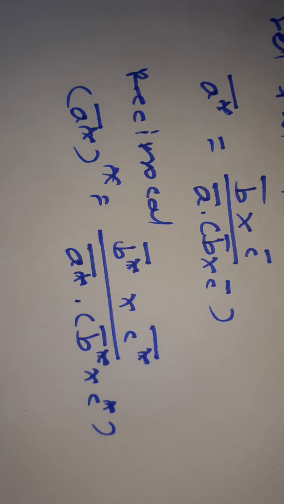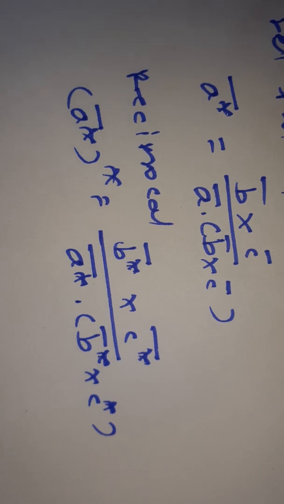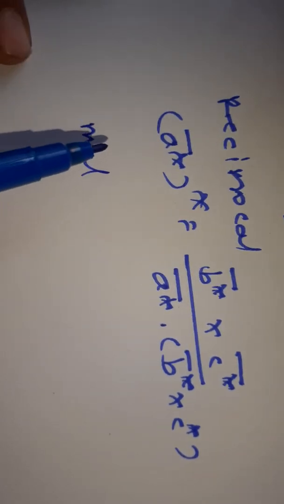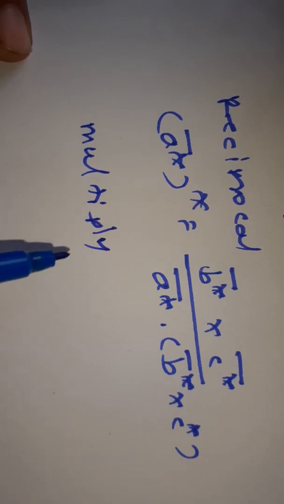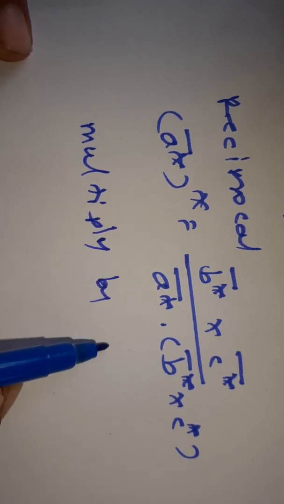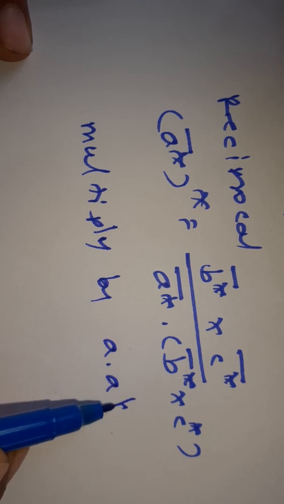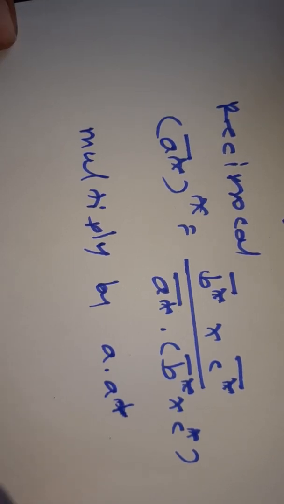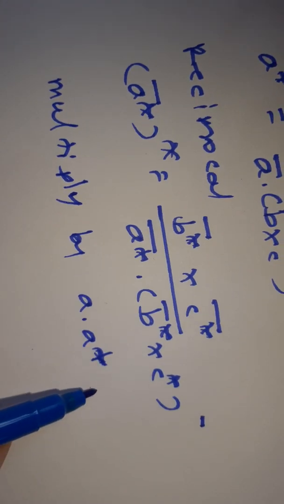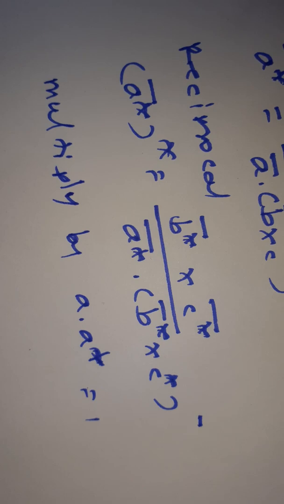Now we consider multiplying A into A to the right side of this equation, because A star A into A complex is 1, because A complex is a reciprocal of the A, so it is equal to 1.